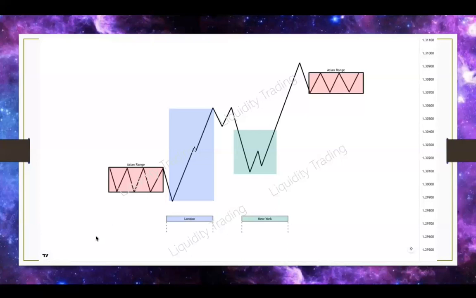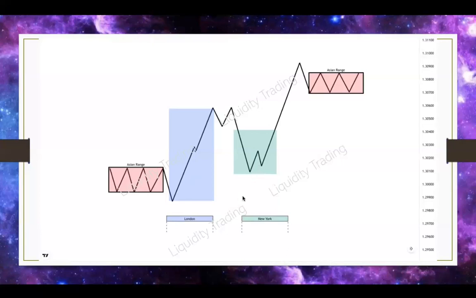So what we would like to see in this example is the London kill zone be bullish and create the low of the day. And if London creates the low of the day and the high of the day within the kill zone, we would expect the market to create a retracement back into the New York kill zone.